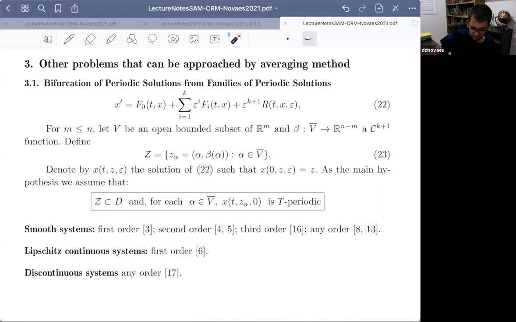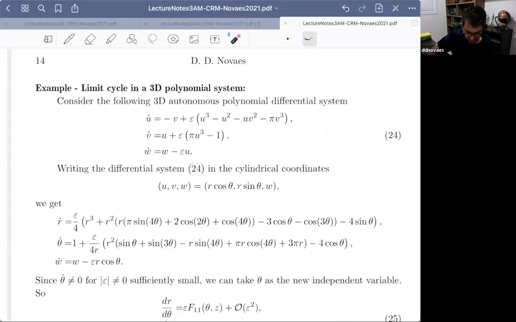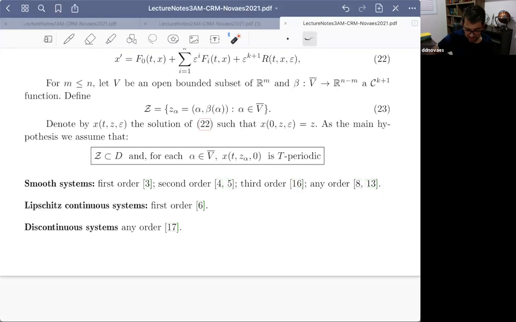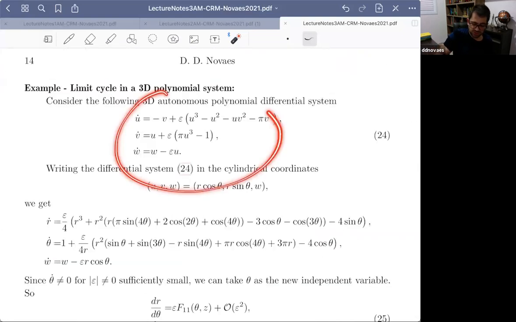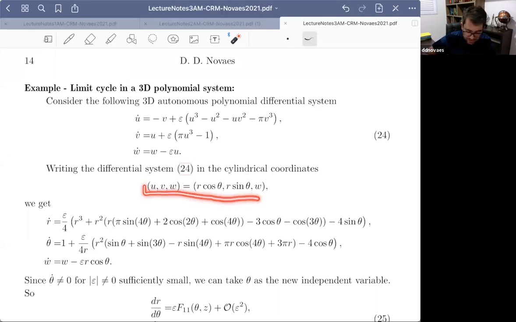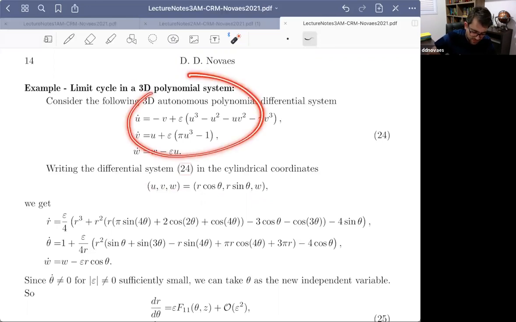Just to illustrate the idea and what can be achieved by these results, if we consider this 3D polynomial differential system, and perform a cylindrical change of coordinates, this system can be written like this.